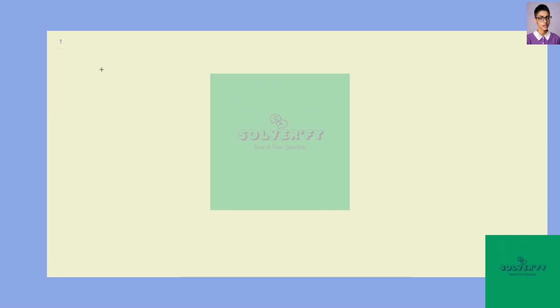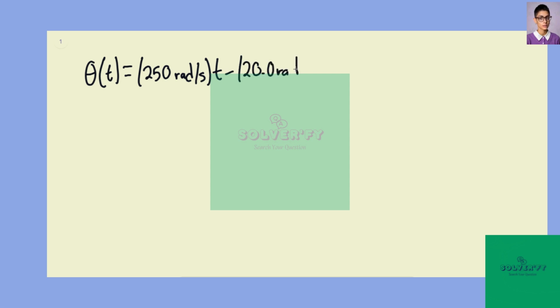So let's first write this equation. We have theta of t equals 250 radians per second times t, minus 20.0 radians per second squared times t squared, minus 1.50 radians per second cubed times t cubed.